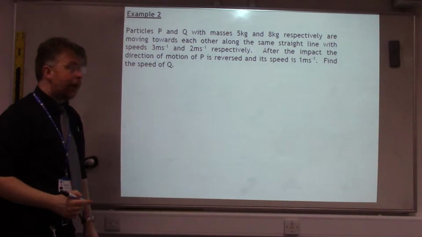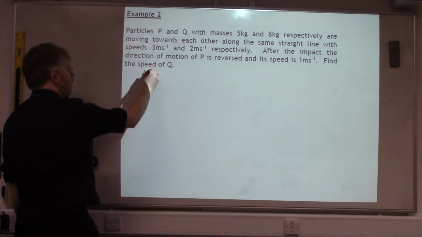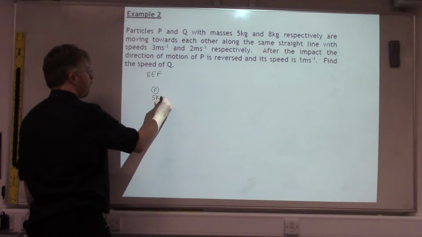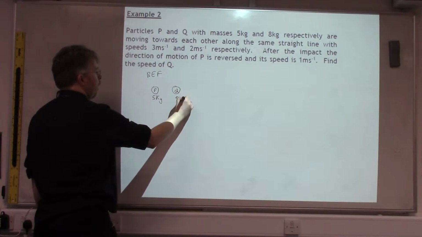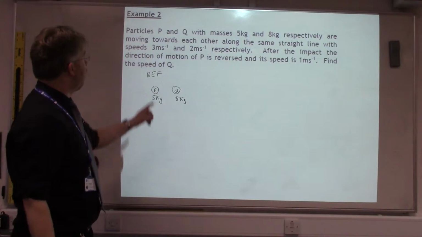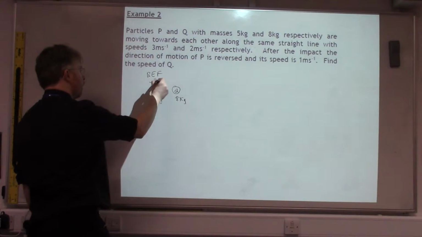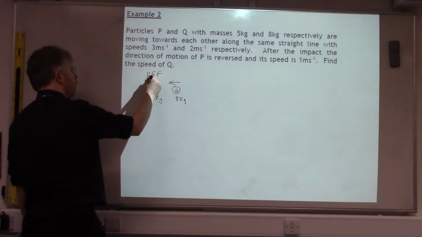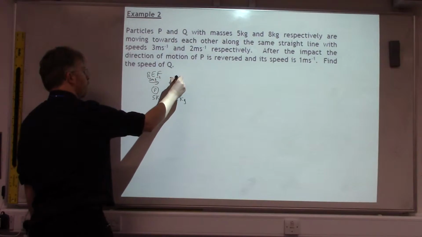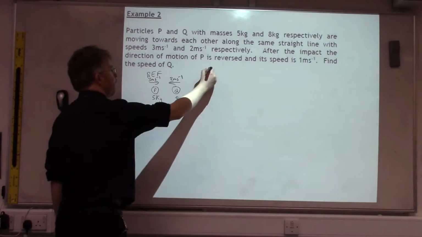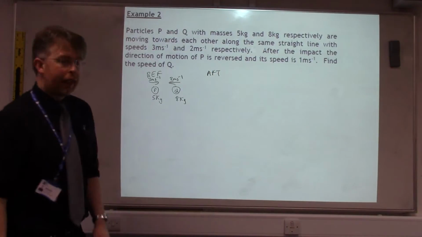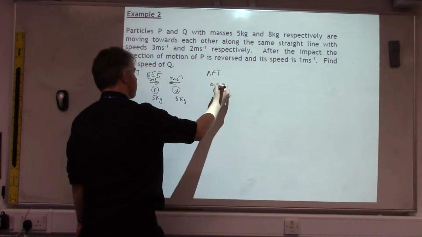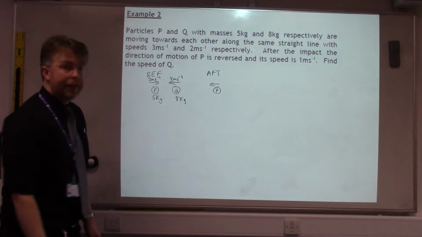So same sort of idea, particles P and Q this time. They've got mass 5 kilograms and 8 kilograms. They're moving towards each other with speeds 3 meters per second and 2 meters per second respectively. After the impact, the direction of P is reversed and its speed is 1.